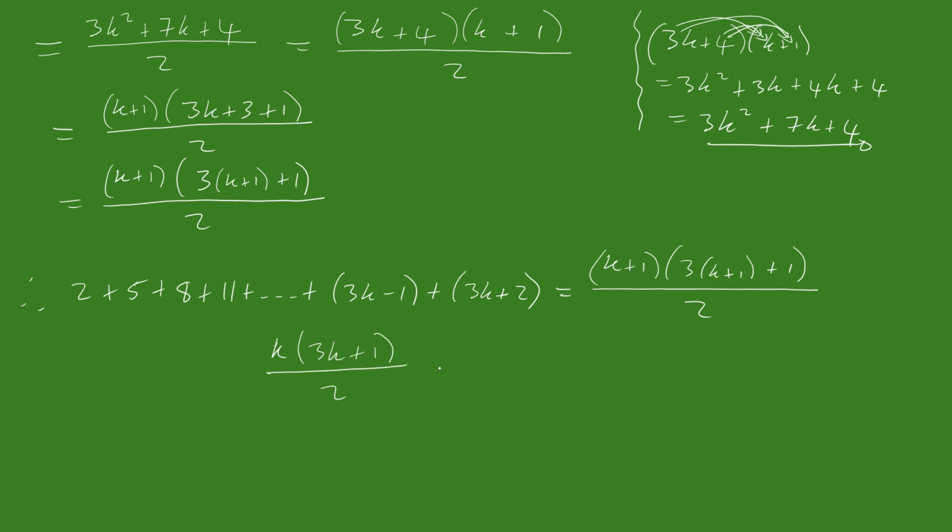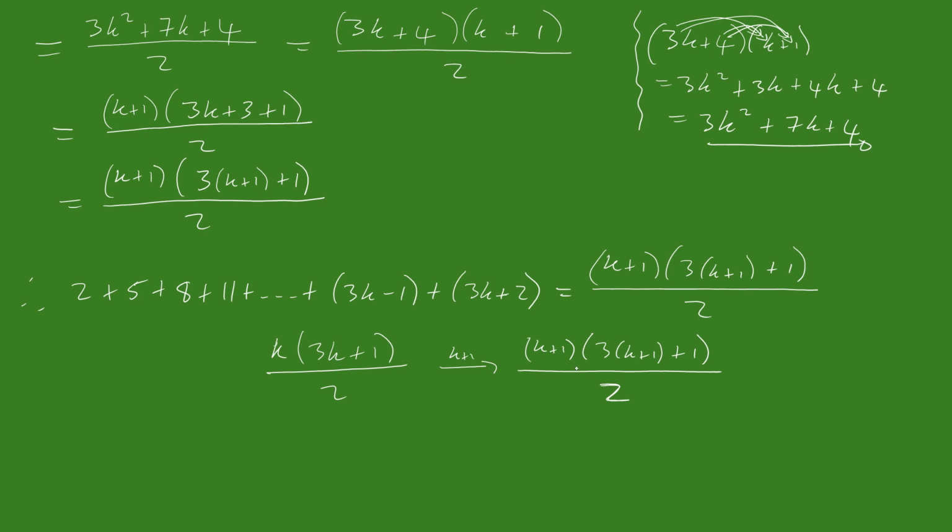But now with an additional term, so when we added an extra term, k plus 1, notice that the k there becomes k plus 1, and the 3k becomes 3k plus 1, and then everything else is still the same. So we show that the series holds for the next term in the sequence of natural numbers.